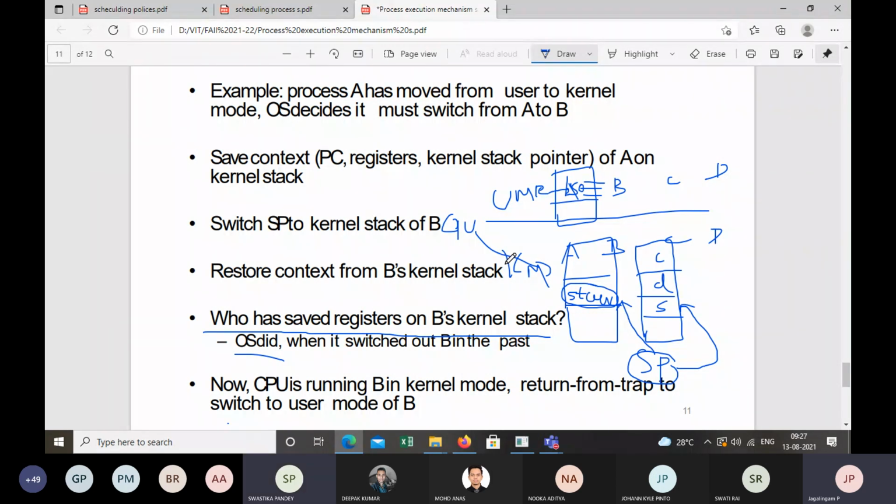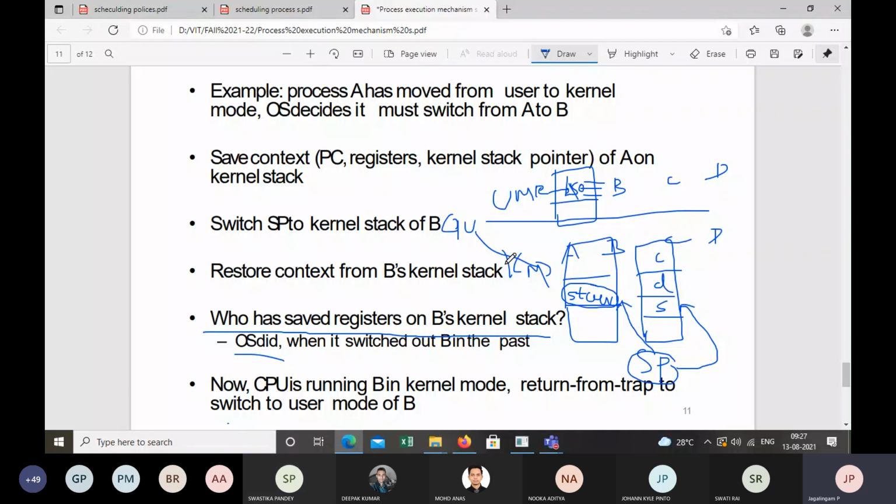But that case will not happen, because the operating system has a responsibility to time share the CPU among multiple processes. At some point of time, at least for certain milliseconds, the process has been executed.